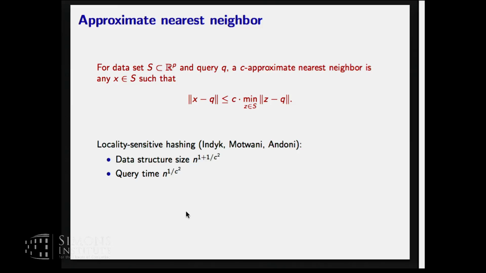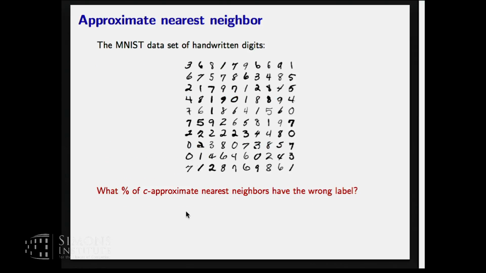Now, on the theory side, one odd thing about these bounds is, is c really a good measure of the hardness of the problem? Is it really capturing the difficulty of instances? It seems like a c approximation would mean very different things for different point configurations. For example, let's look at the standard MNIST data set that is used in introductory machine learning classes.